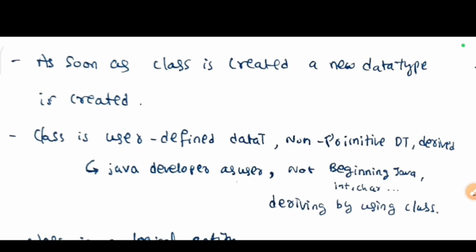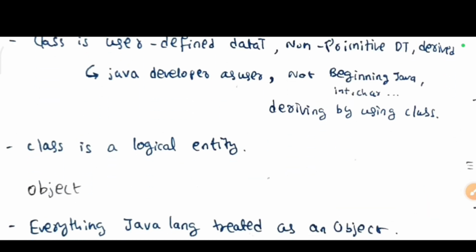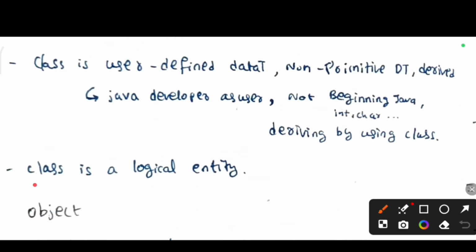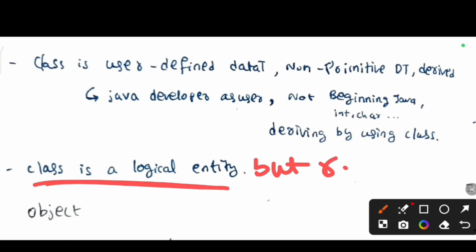Now again, class is a logical entity, but it is not a real entity. It is just a blueprint. The logic of where the bedrooms, where the hall, where the kitchen should be.